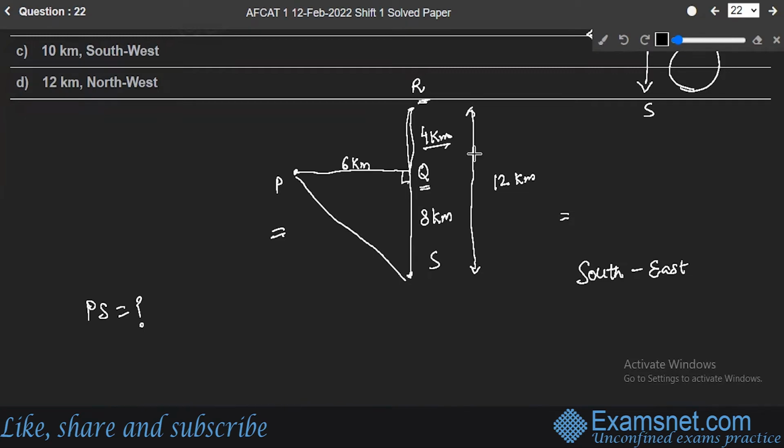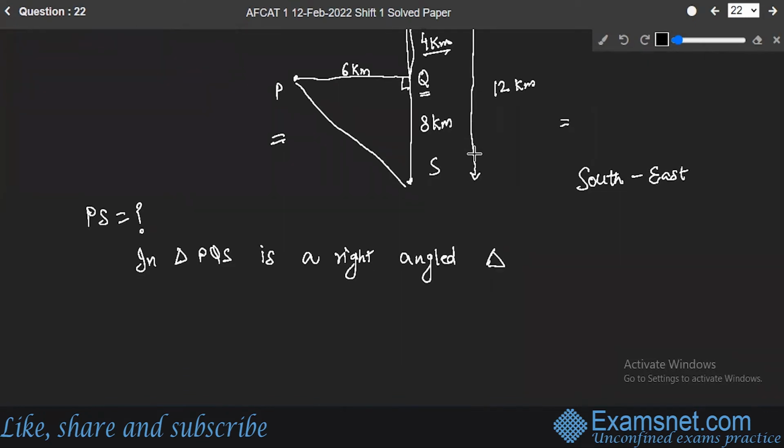This is making a 90-degree angle over here, so triangle PQS is a right angled triangle. PS forms the hypotenuse and PQ and QS are the two arms. So PS square is equal to PQ square plus QS square.